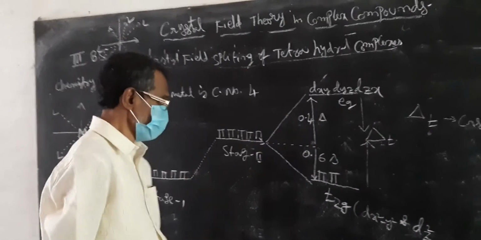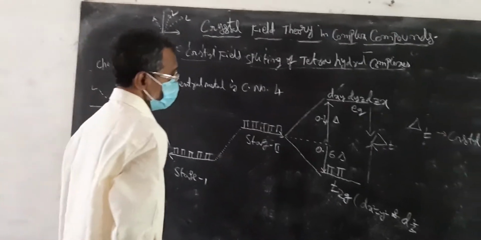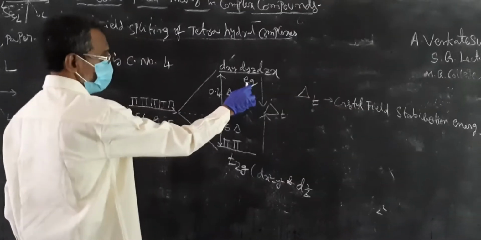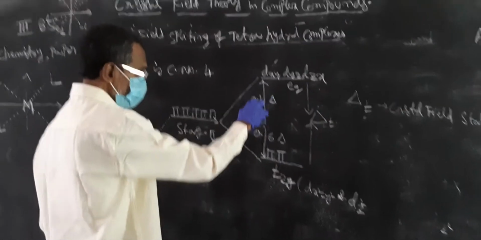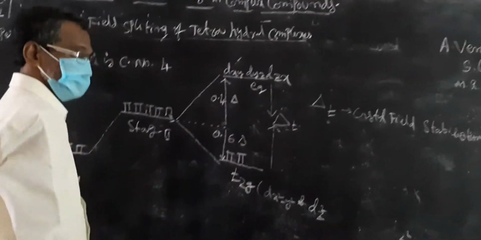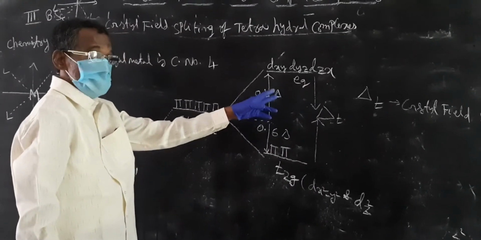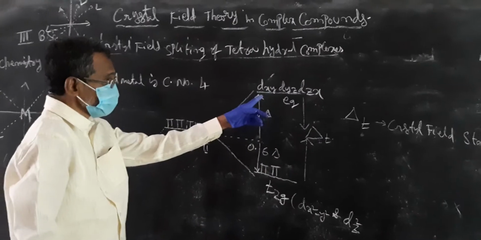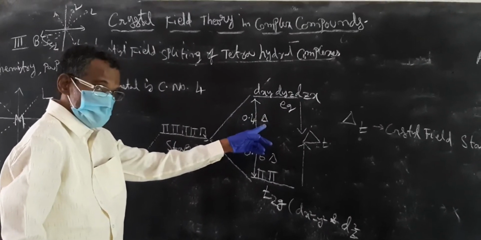In the Eg orbitals, each d orbital, dxy, dyz, dzx, has 0.4 delta.